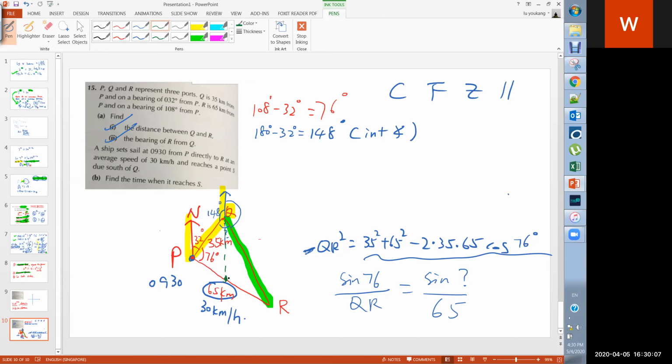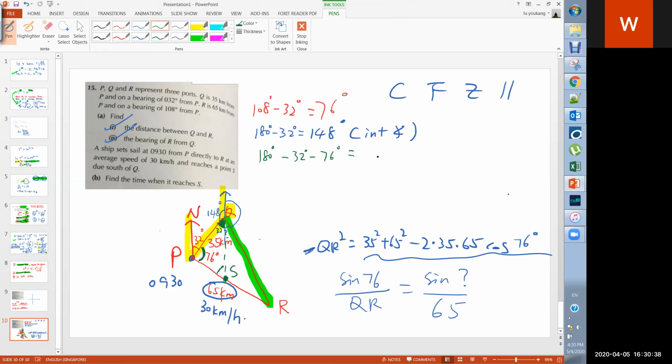But you know this is 32, right? Then this is 76. That means you have this angle already. 180 minus 32 minus 76. What do you get? 108?